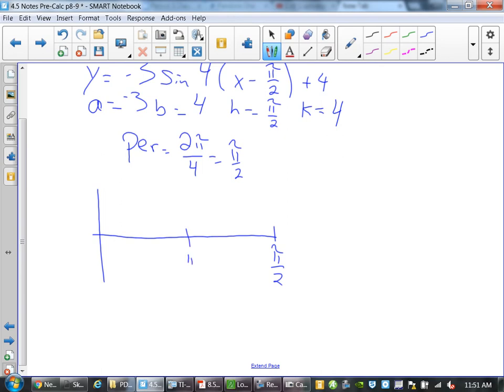Half of that is pi over 4. Half of that is pi over 8. And this is 3 pi over 8. Okay. It's going to go up and down to 3. That's your A. Again, just remember sine starts at the origin, goes to whatever your A value is, and then it goes back to 0, up to the opposite of A, and back to 0.